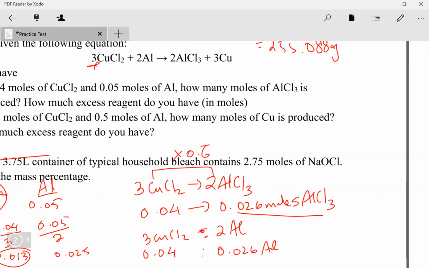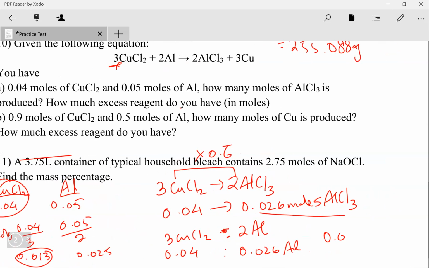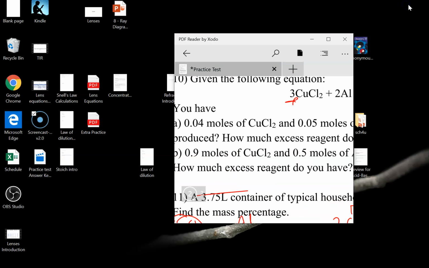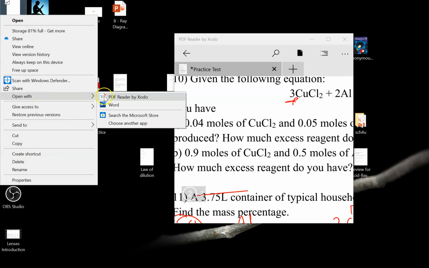So my balance is going to be 0.05 minus 0.026, which is 0.023 moles aluminum excess.